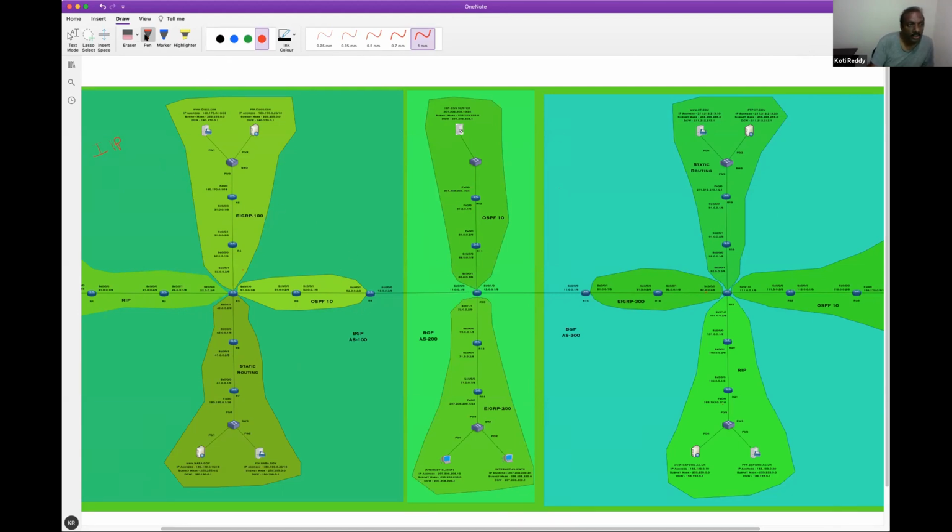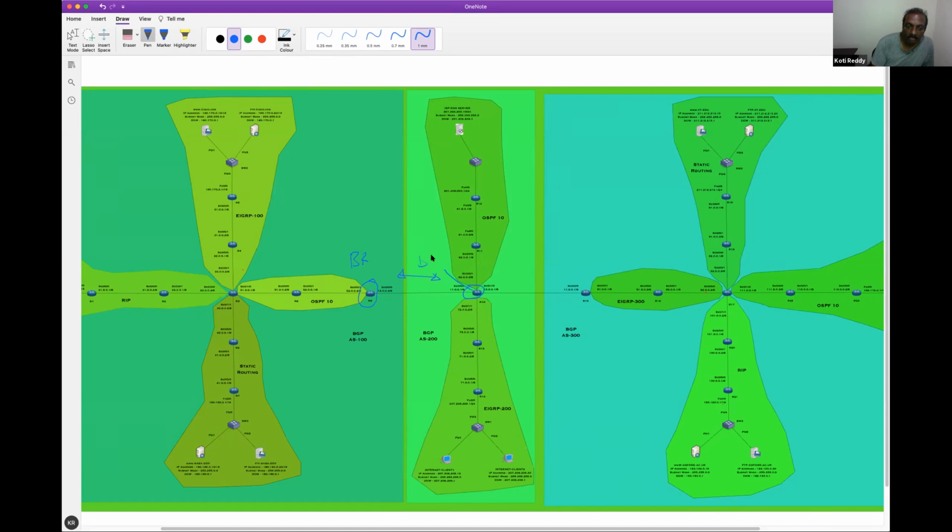Now, in between the ISPs, if the customers belonging to one ISP want to talk to customers belonging to another ISP, routing has to be exchanged between the ISPs. So we keep a border router here. We also keep a border router for the second ISP.